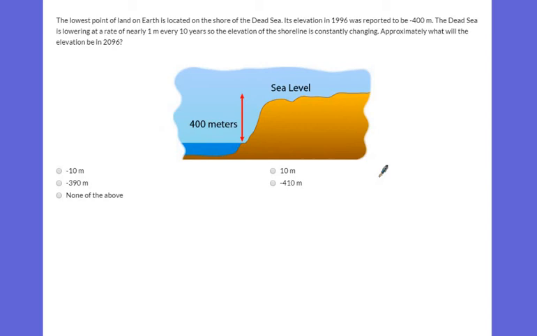So from 2096 to 1996, that's a difference of 100 years. Okay, but they said it's changing every 10 years.